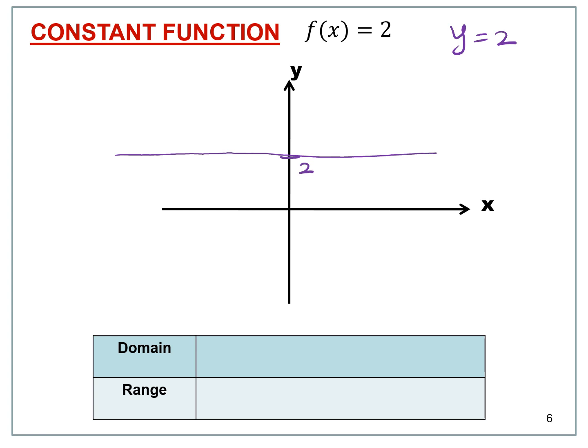From here you can write the domain, which is all the x values mapped to y at 2. So we write negative infinity, infinity. How about the range? The range of f is y equals 2, or 2 only.